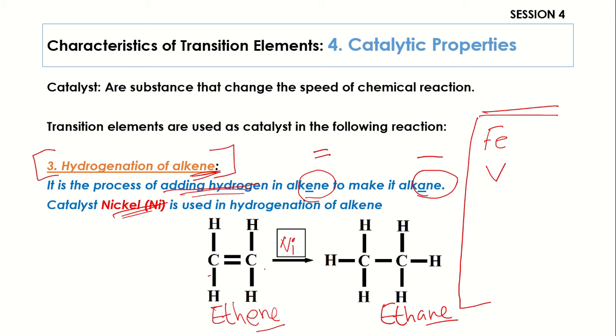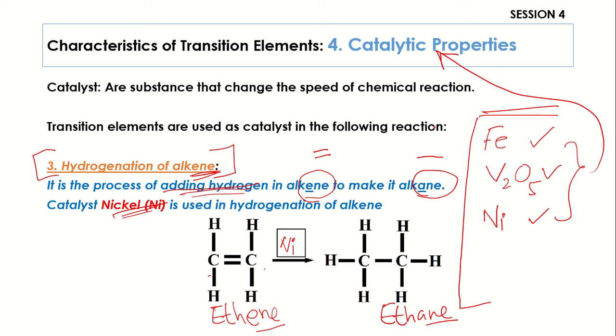The second one is vanadium, which is used in the form of V2O5, vanadium oxide. And the last transition element that we have learned is nickel, which is used as catalyst in the hydrogenation of alkene. So these are the 3 examples of transition elements which are used as catalysts.